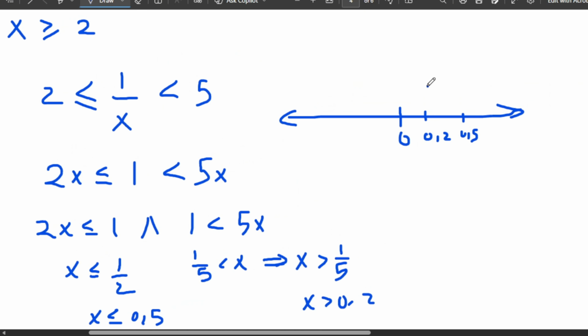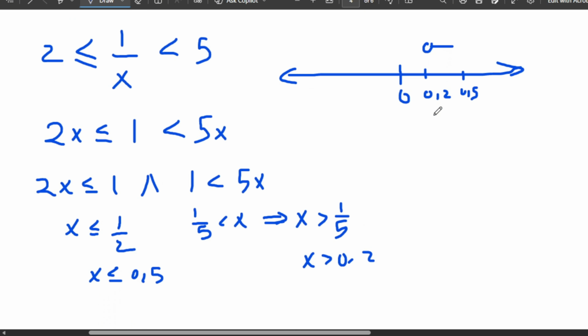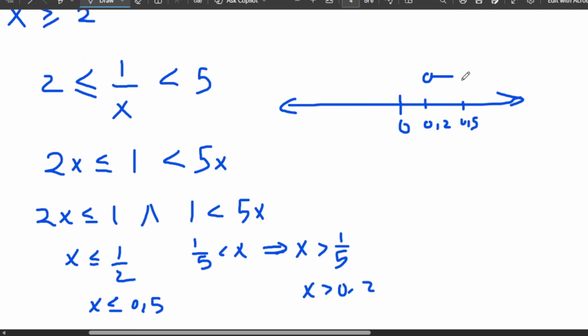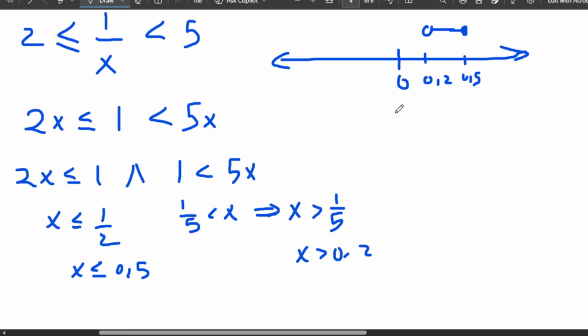It's greater than 0.2, then less than or equal to 0.5, so a closed bracket. So the interval would be, let's just use fractions, 1 over 5 and a half, with a closed bracket.